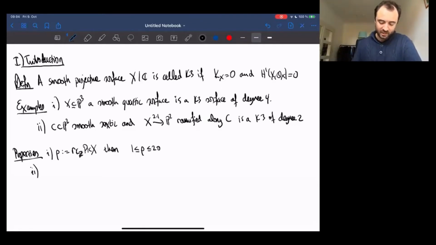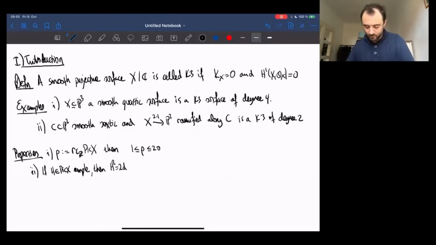Another property is basically that the moduli space of polarized K3s is quite well behaved. So let me write this down a bit more formally. If H inside Pic X is ample, then H squared will in fact be a positive even integer.